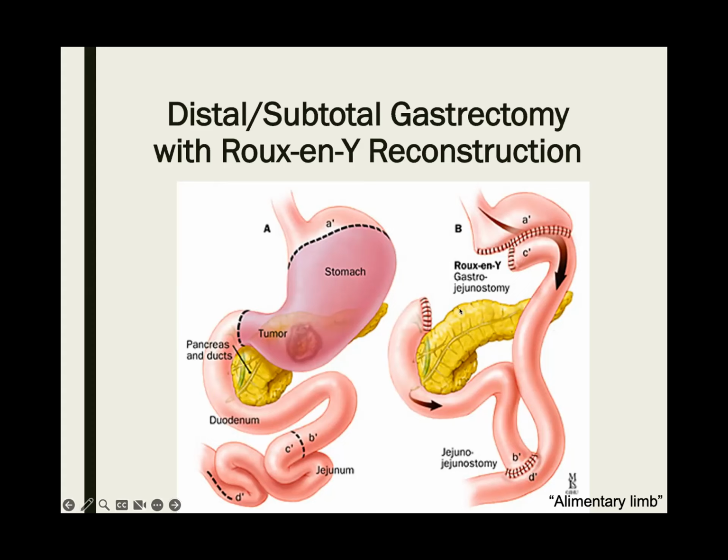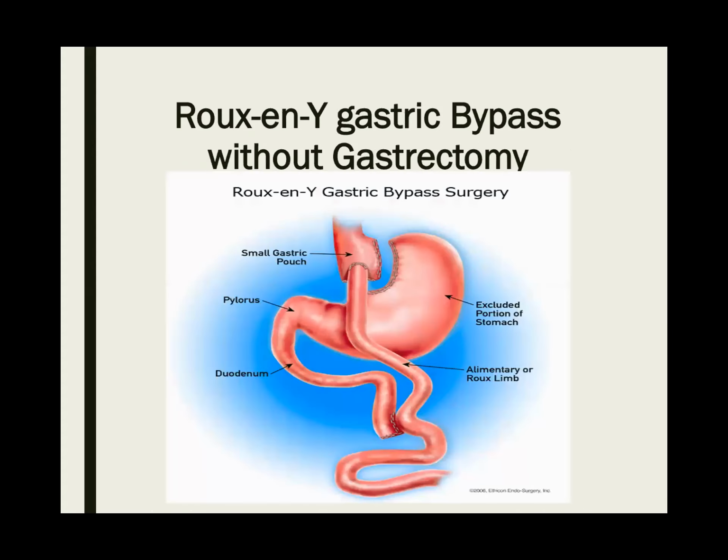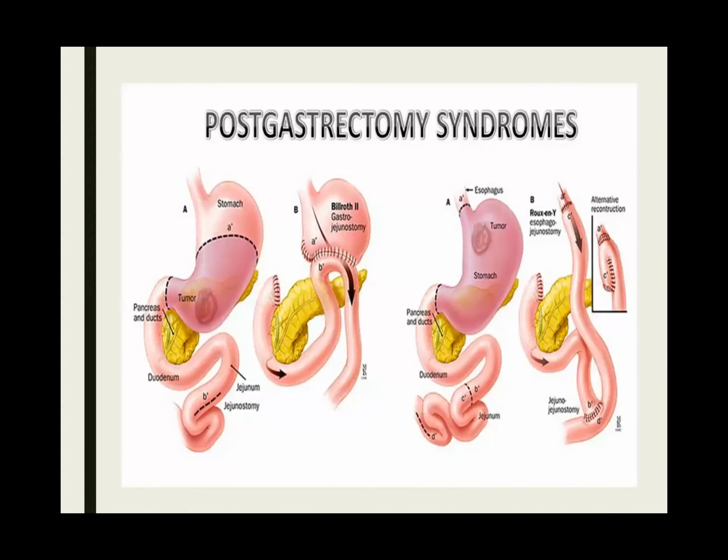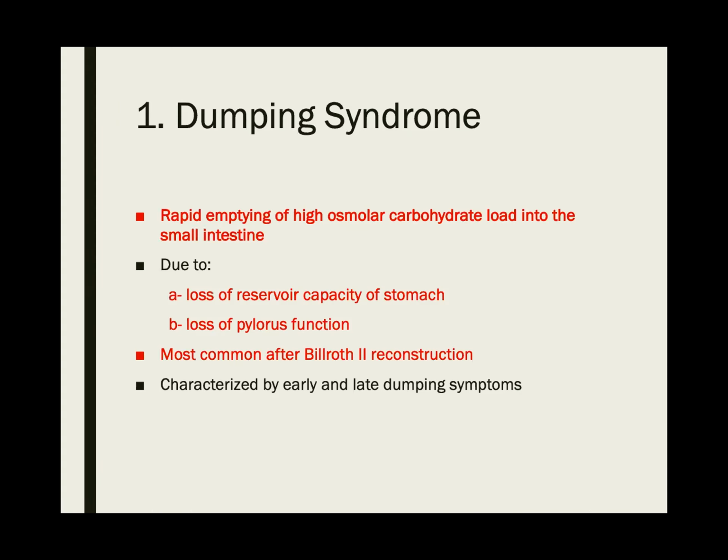And also we have the biliary limb and the alimentary limb. Same concept as the Billroth 2. So what we are concerned about, as you guys said, is the dumping syndrome. The dumping syndrome is happening because we are losing the function of the stomach. Okay.